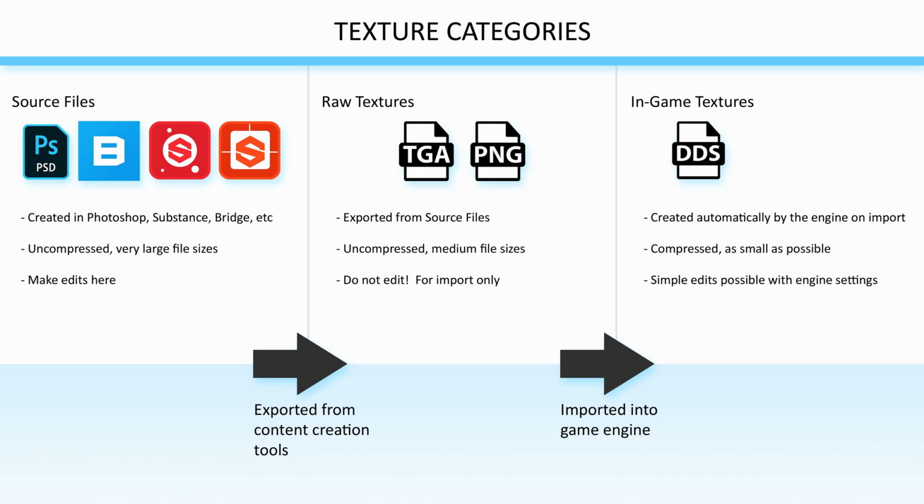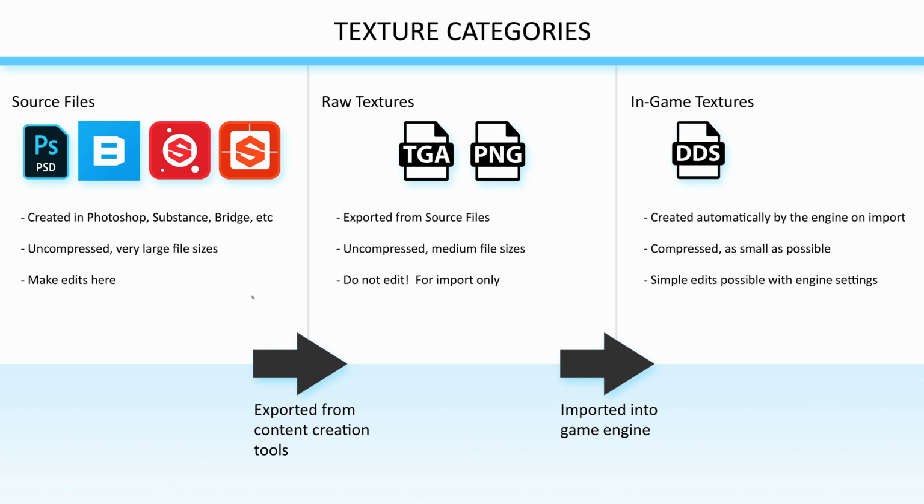So, there are a couple of key takeaways from understanding these three types of files. First, as we talked about, you want to make edits to your textures in the source files, then export them to the raw format, then import them into the game engine.